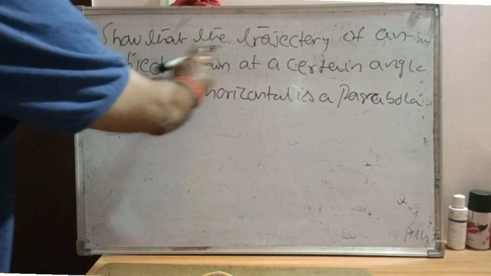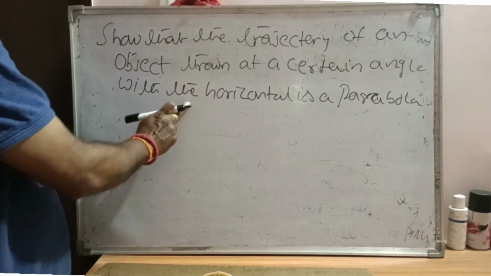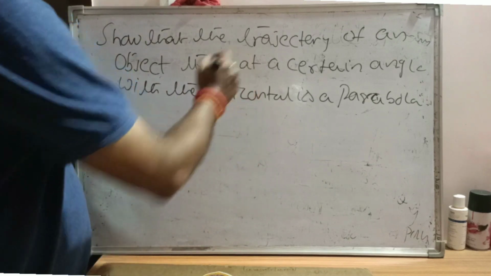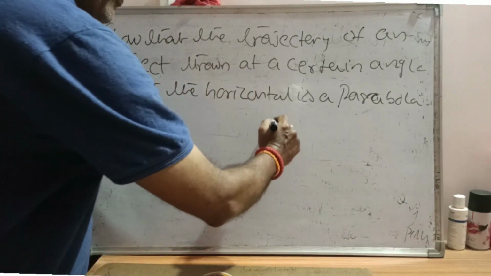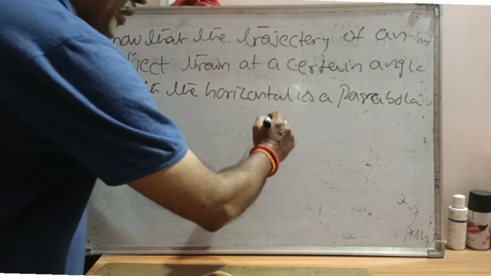Show that the trajectory of an object thrown at a certain angle with the horizontal is a parabola. Let us see how the situation takes place.